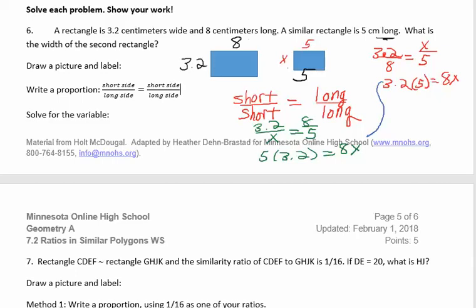In one it's 3.2 times 5 equals 8x, in the other one it's 5 times 3.2 is equal to 8x. These are equivalent equations. They're both equal to 8x, and on the other side you both have 5 times 3.2. So you'll get the same answer whether you set it up using this kind of proportion or this kind of proportion. You'll have to finish this problem, I didn't finish solving the proportion.